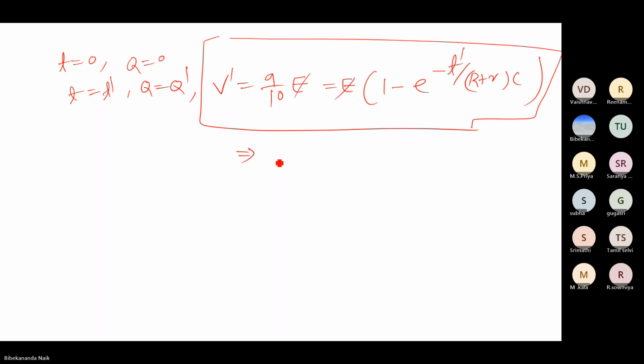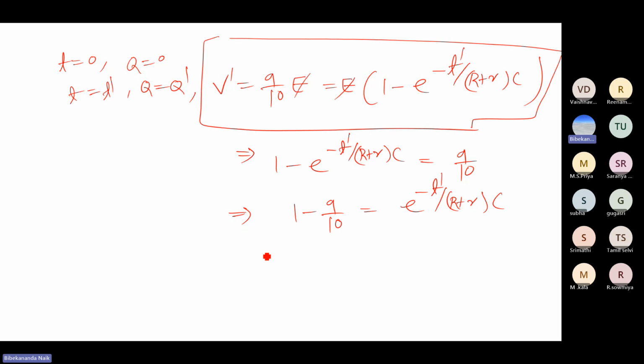It is 1 minus e to the power minus t prime by (r plus R) into C equal to 9 by 10. So 1 minus 9 by 10 will be e to the power minus t prime by (r plus R) C. 1 minus 9 by 10 means 1 by 10. 1 by 10 is e to the power minus t prime by (r plus R) into C.